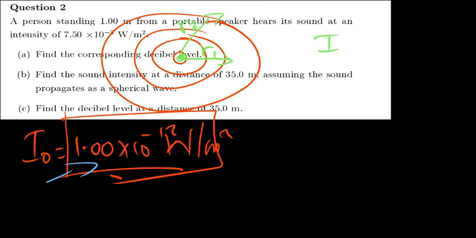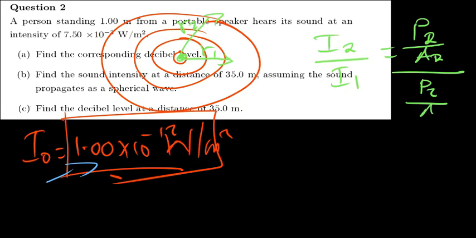So what we need to understand is that intensity 2 divided by intensity 1 should be equal to, on top here I'll put power 1 divided by area 1. We're talking about 2 now, so I'll put 2 here. Even here I'll divide it by power 2 divided by area 2, but this power will not change.